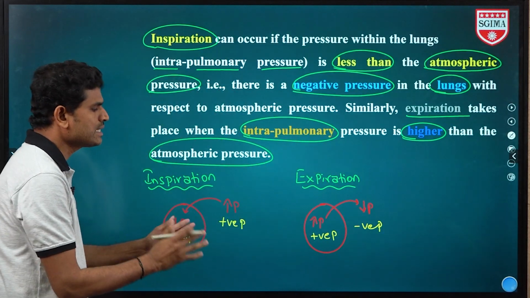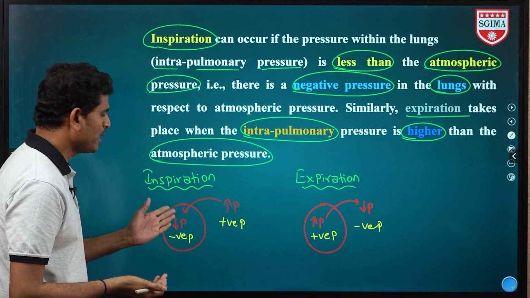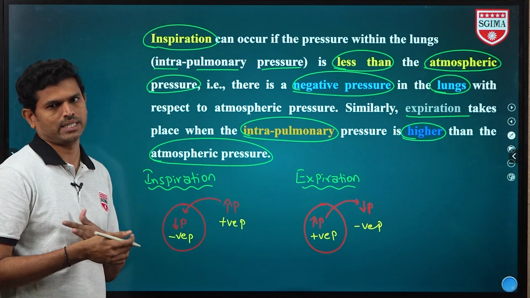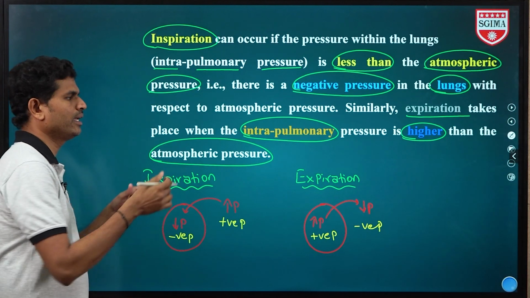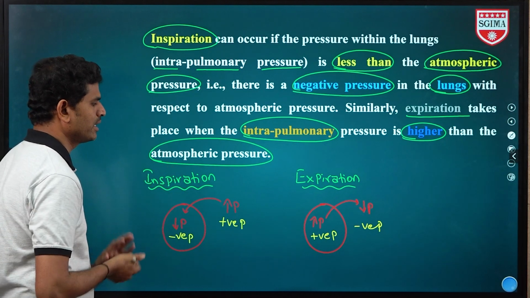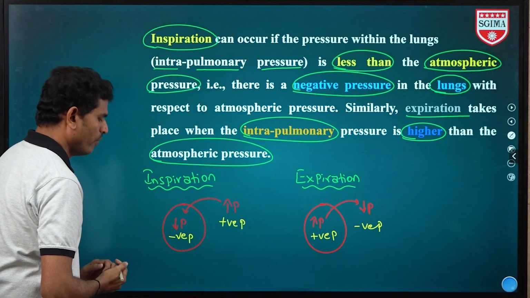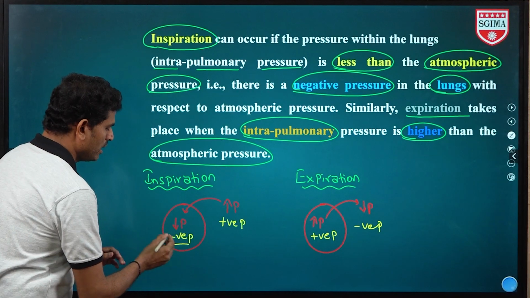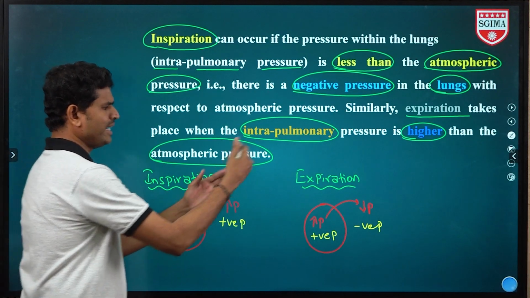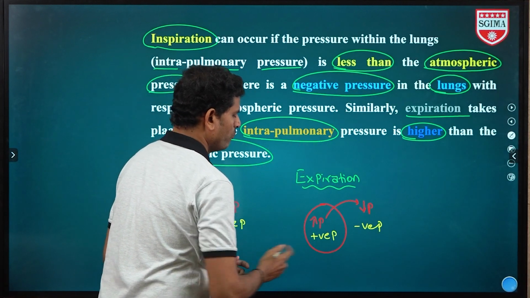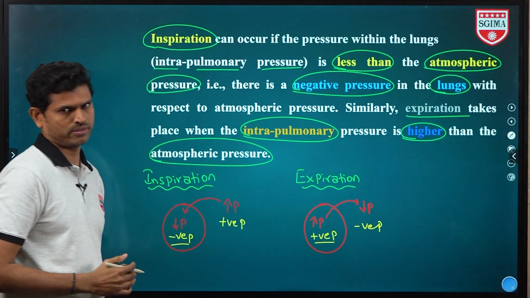So in these conditions, expiration and inspiration will take place. Here nothing is there, very easy and fundamental basic thing it is. So inspiration will take place when in the lungs negative pressure, and expiration will take place when in the lungs positive pressure.